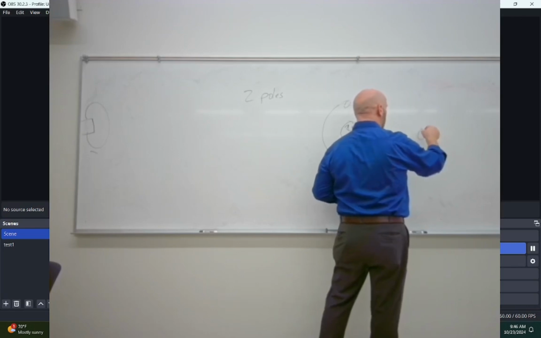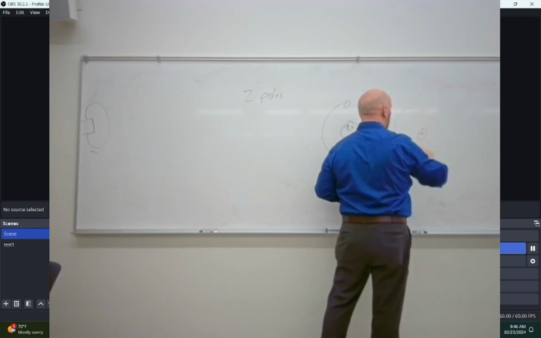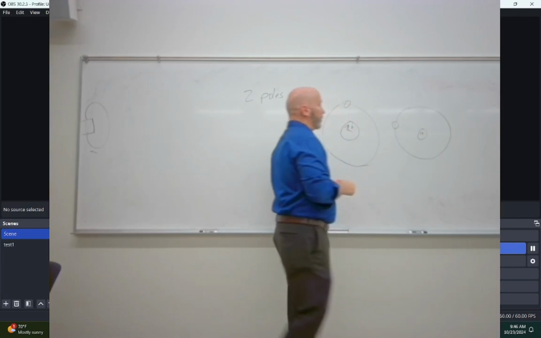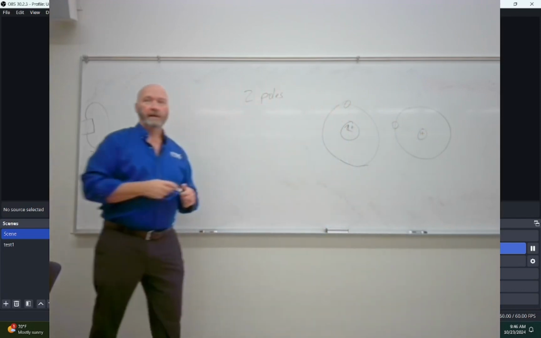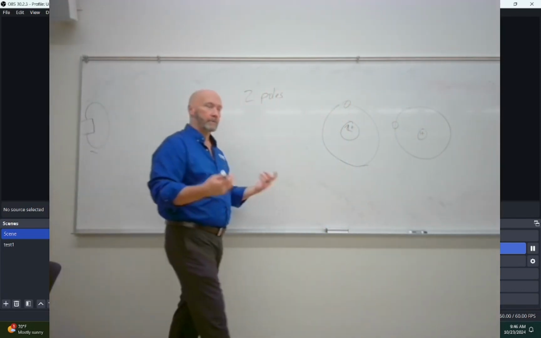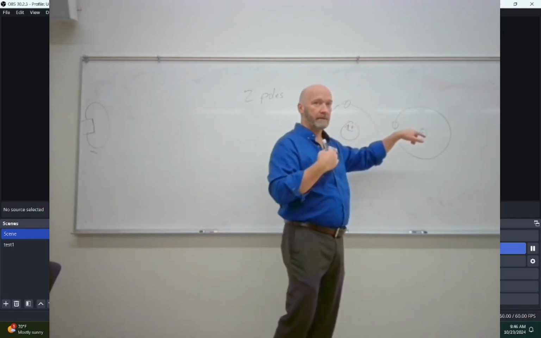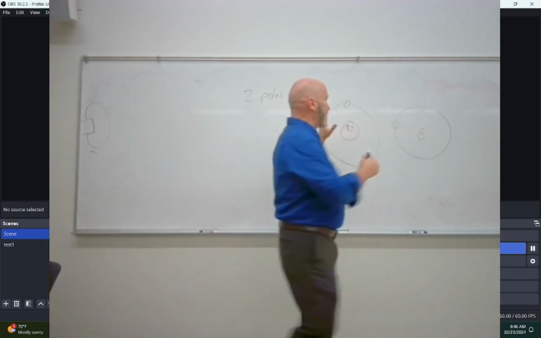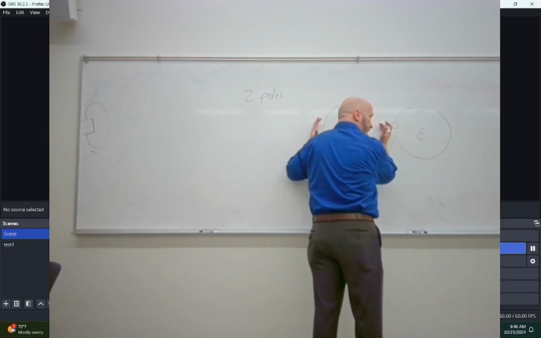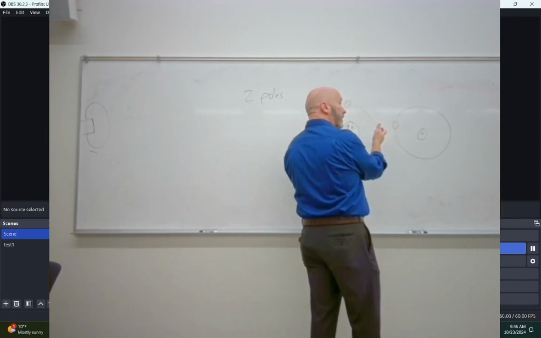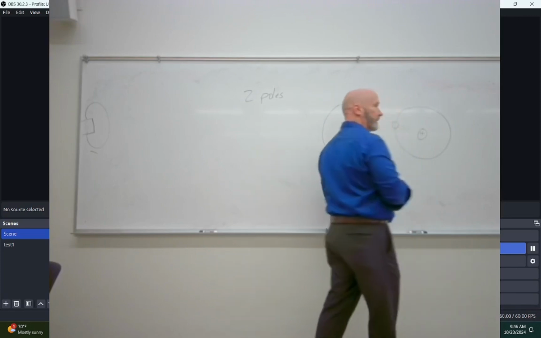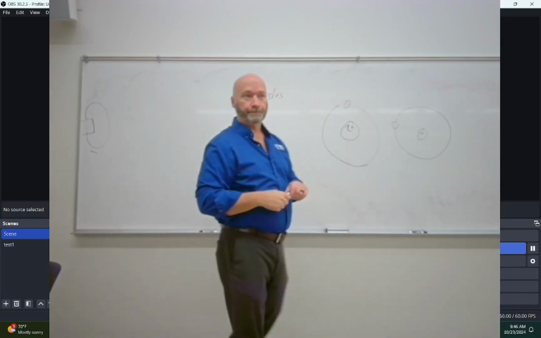Let's say we have two hydrogen atoms side by side. How many electrons do I have now? Two. So again, they're going to have a tendency to cancel each other out. So just because I have one hydrogen atom, I've got a very small magnet. I put two of them close enough together and it screws everything up.